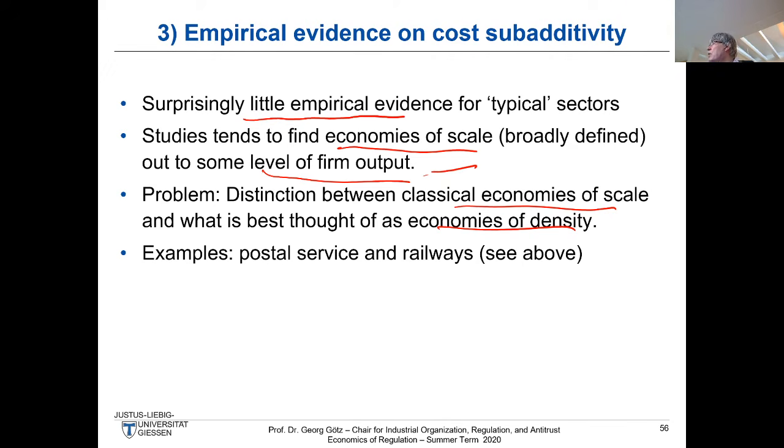It's cheaper if your mailman has to distribute the letters in a densely populated area and goes to multi-unit buildings where he has, say, 50 letter boxes just at one spot, and doesn't have to walk for another mile to go to the next household, but just has a distance of 10 centimeters to get to the next household. This should be clear: these are economies of density.